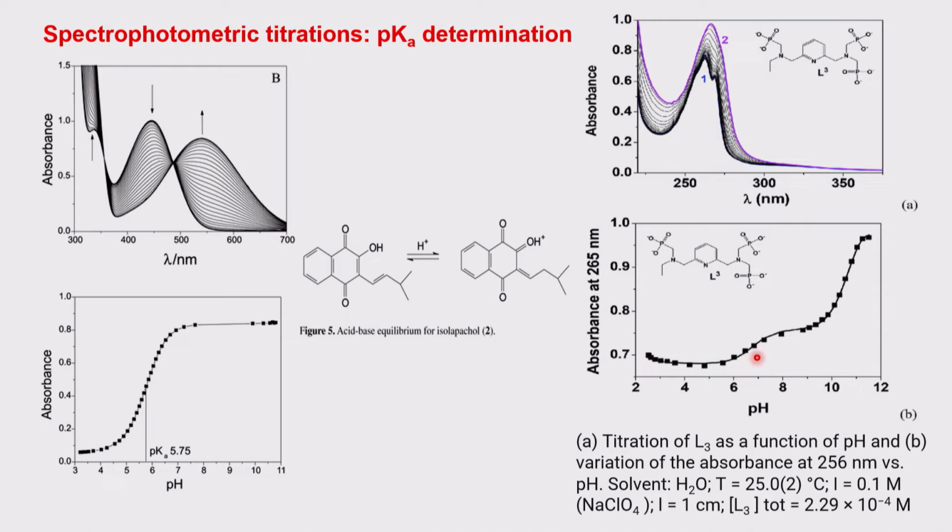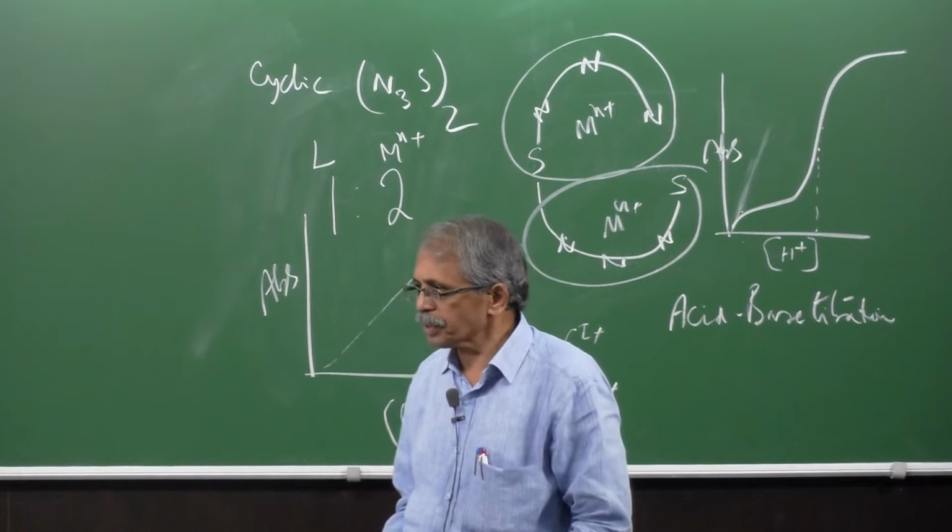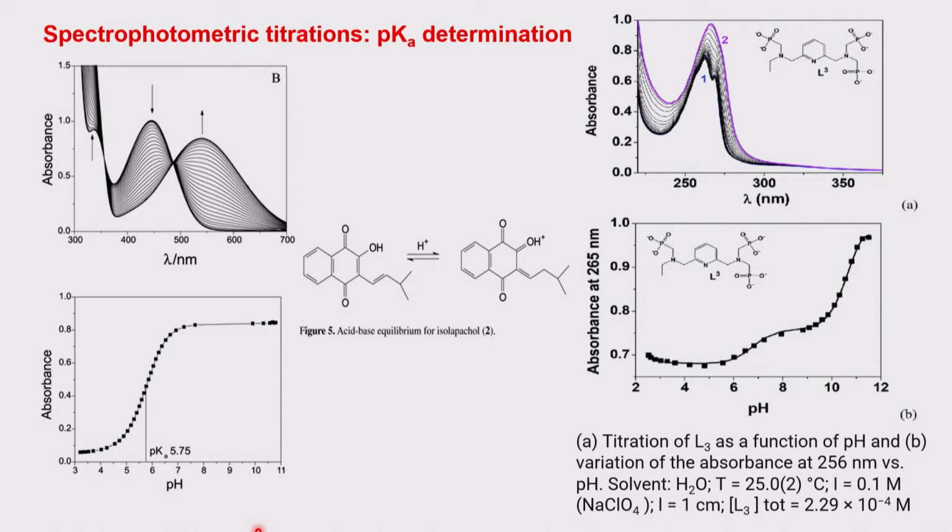So that means one of the pKs is happening here, not sharp, then there is another broad feature between 6 and 8, and there is another one between 9 to 11. So therefore, one pKa over here, the other pKa is here, and then one more in the acidic region, which is not very well resolved. That's what generally you find. So you can get multiple pKa values if there are multiple protonation deprotonation centers in a given molecule.